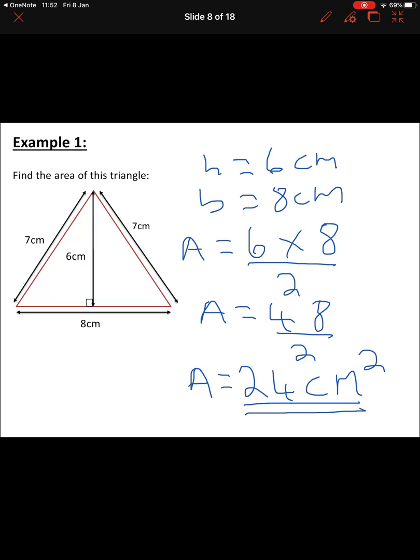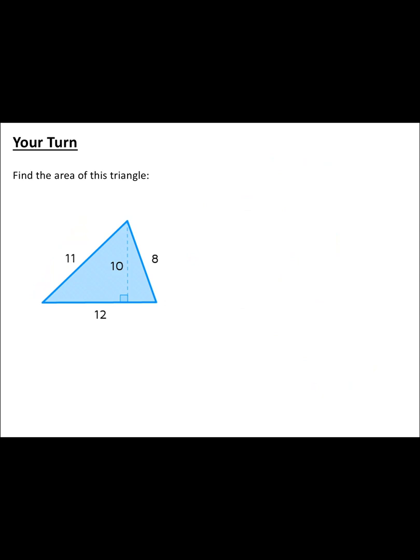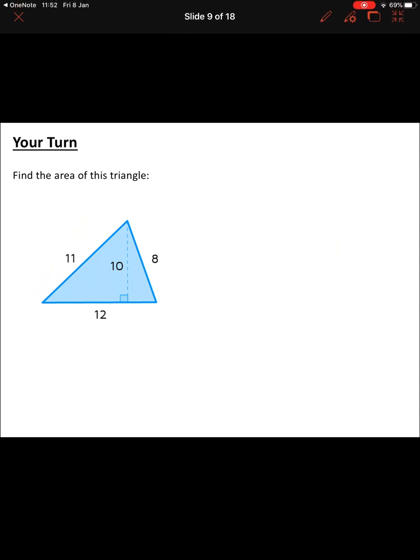Right, I'm going to now give you a question for you to try by yourself. So have a go at this question, please. Okay, well done for having a go. Now, just to make it clear, your base should be 12, your height should be 10.